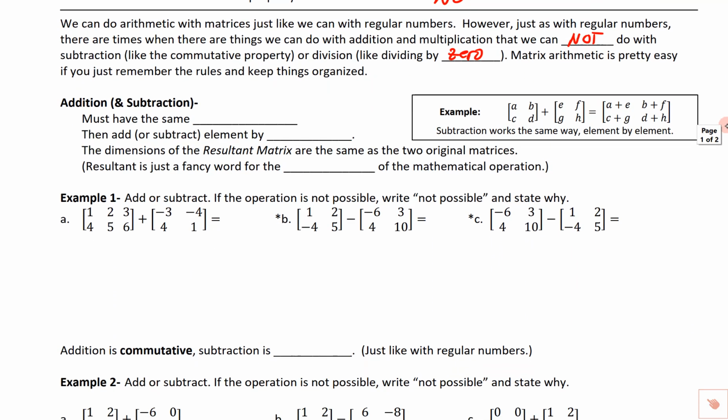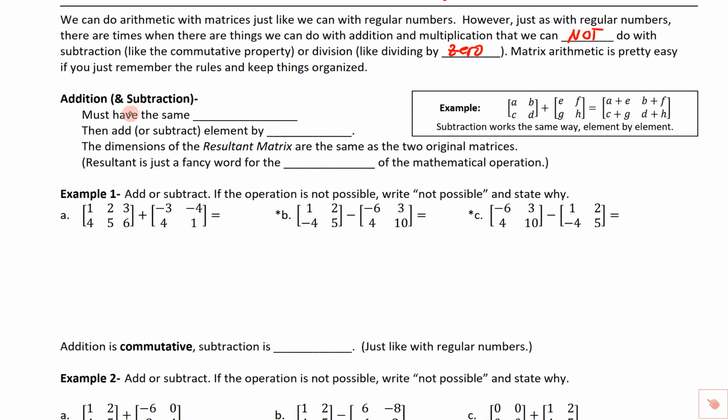So let's take a look at matrix addition and subtraction. The first thing that we want to check for is they've got to have the same dimensions. So let's write down dimensions here. This is why we were talking about last time that it's so important. You've got to be able to figure out the dimensions. They've got to have the same dimensions. And then we add or subtract element by element. We go through each one of the positions, and we either add those positions together or we subtract them.